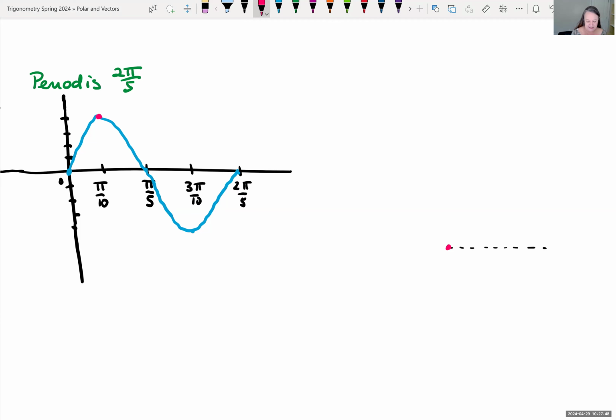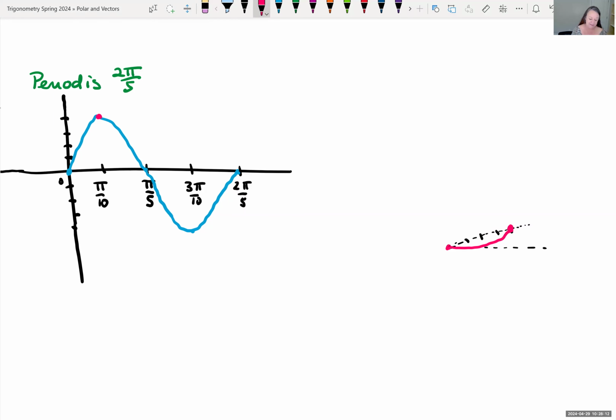So pi tenths, I'm not going to be very far. Let's just kind of estimate. So pi tenths, I'm going out 4 units, and I'm hitting a spot right here.